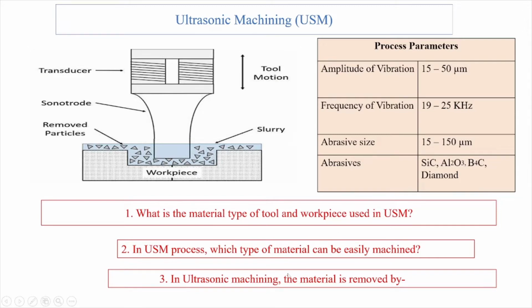So as I have discussed, the question is, what is the material type of tool and workpiece used in USM? Can anyone tell, as I have discussed just now, the material type of the tool and workpiece. Maybe you can put it in the chat box as well.